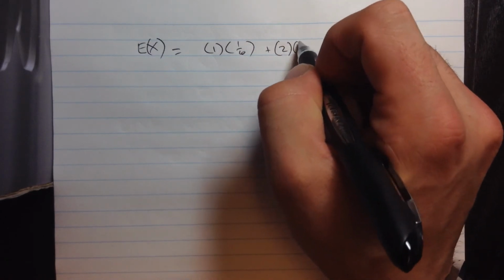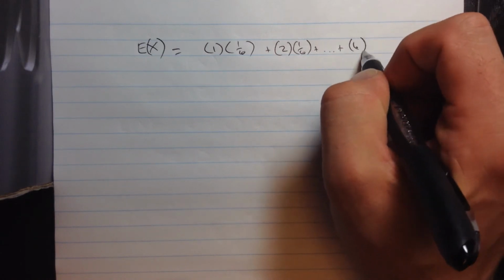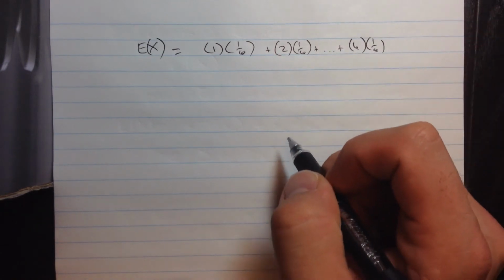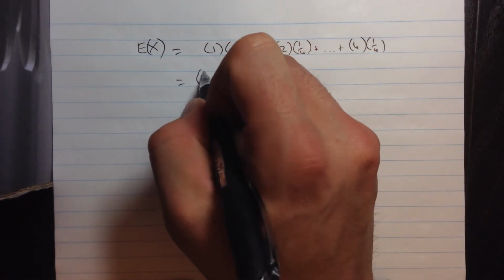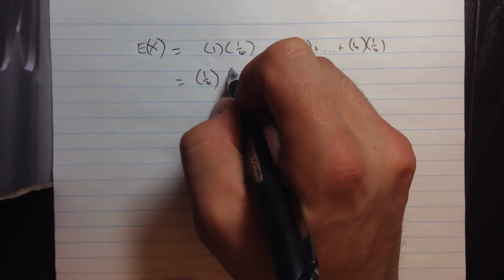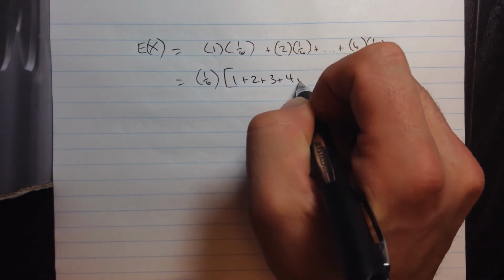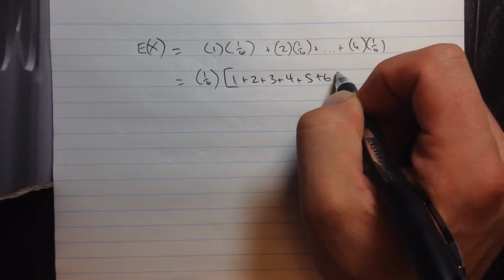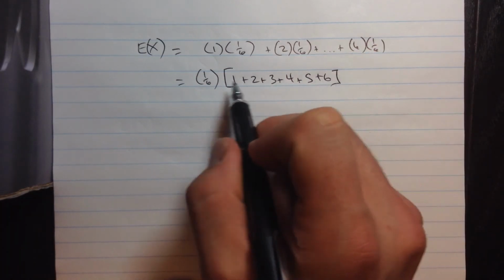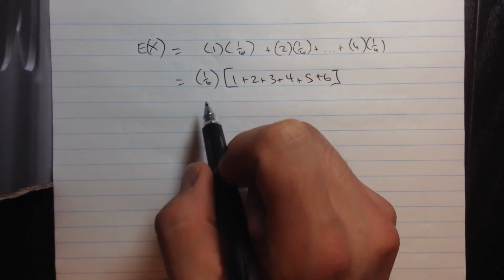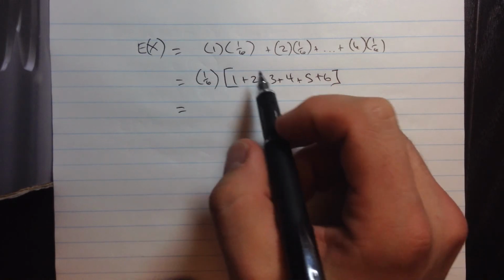The second value is 2, and the probability is 1/6, and so on, up to 6 times 1/6. Now, because this is a uniform distribution, we can factor out that 1/6 if that makes our calculations easier, because then this is 1 plus 2 plus 3 plus 4 plus 5 plus 6 times 1/6. Or if you like, add it all up and divide by 6, which is what we did in class and what you might be more used to for finding a simple average or a mean.